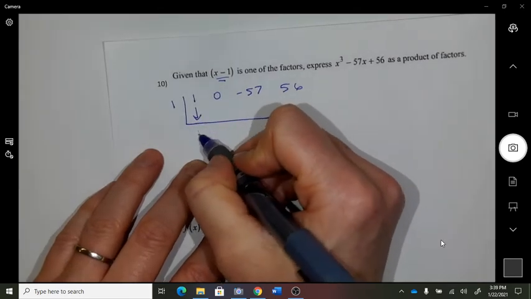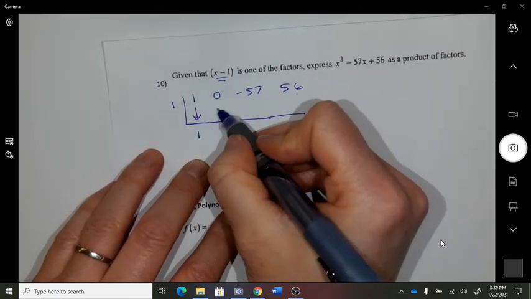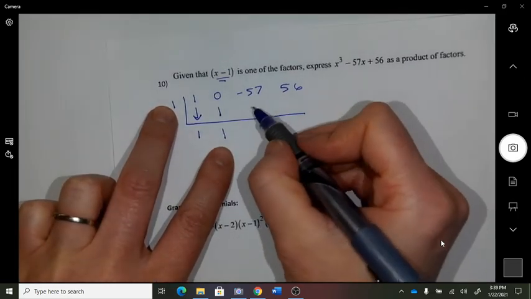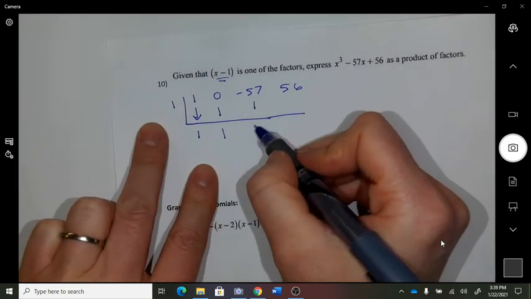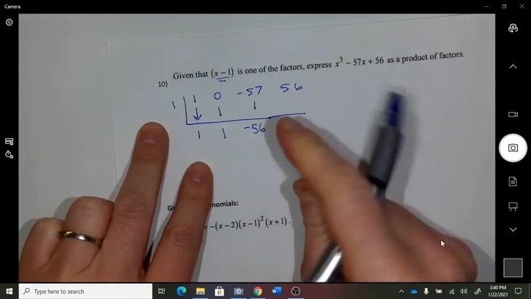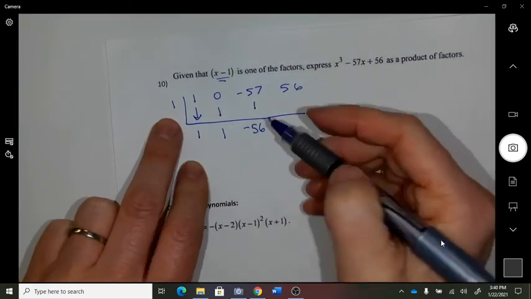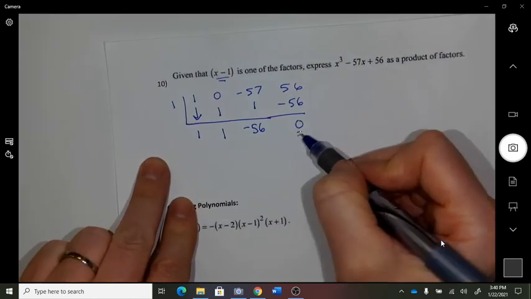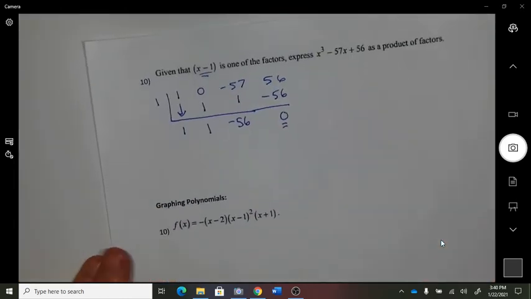So bring that down, 1, multiply 1, add 1. Multiply 1, add -56, multiply -56, add 0. And we knew that because it said it was a factor.